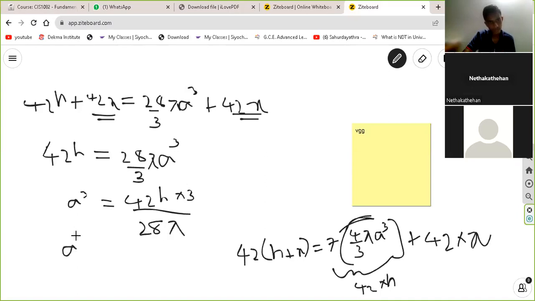Then 42 and 28: 42 means 7 into 6, and 28 means 7 into 4. Finally we can get the answer, 9h over 25. Is it clear? This is the answer.